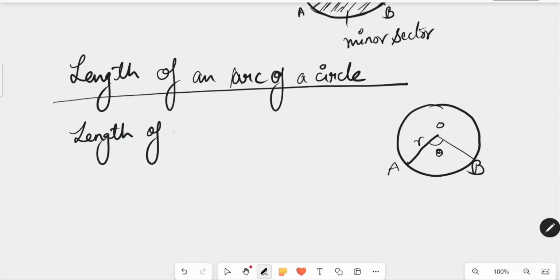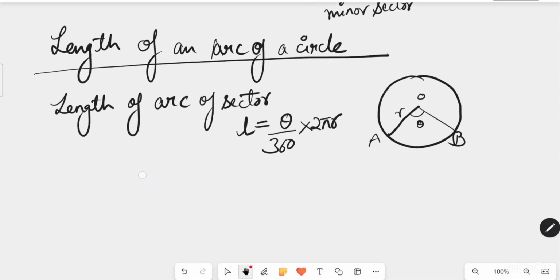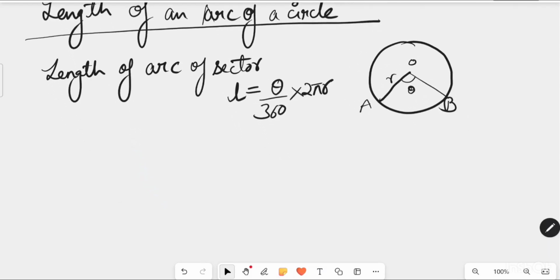Length of arc of sector is represented by L, which is equal to theta by 360 into 2 pi R. And area of sector in terms of length of arc will be 1 by 2 L R.